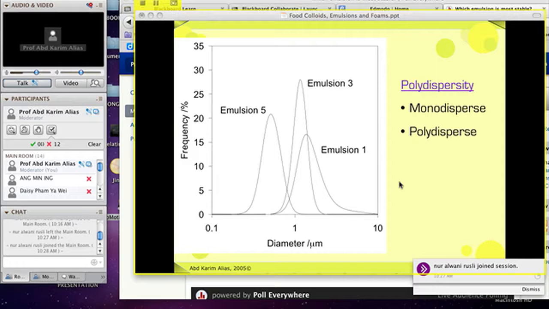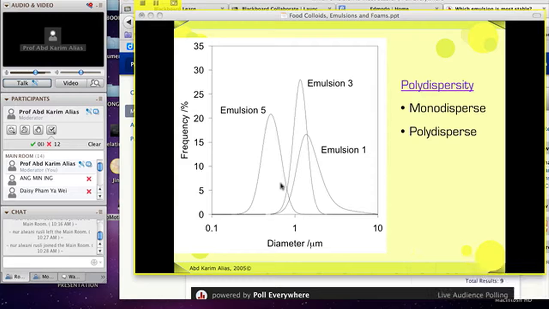Definitely you won't get the same type of distribution. Let's say we start with emulsion 5. This is the freshly prepared emulsion, and the size distribution ranges up to around 1 micron.